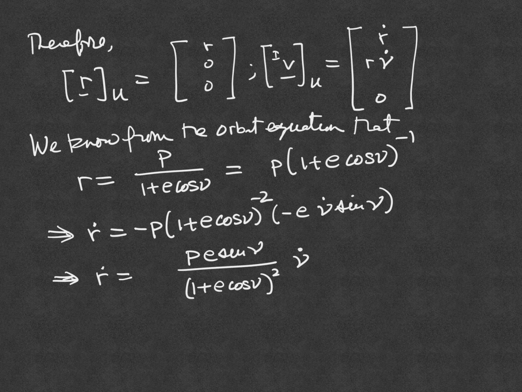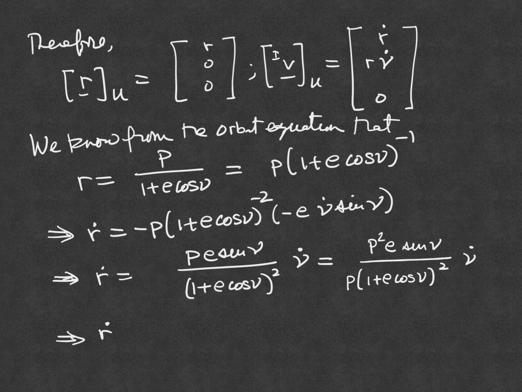But that can be written as P squared times e times the sine of nu, all divided by P times 1 plus e cosine of nu squared, times nu dot. And then we can factor out the P squared over 1 plus e cosine of nu squared, and we get P squared over 1 plus e cosine of nu squared times e sine of nu, all divided by P, times nu dot.